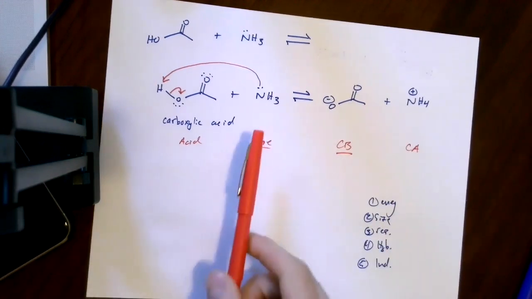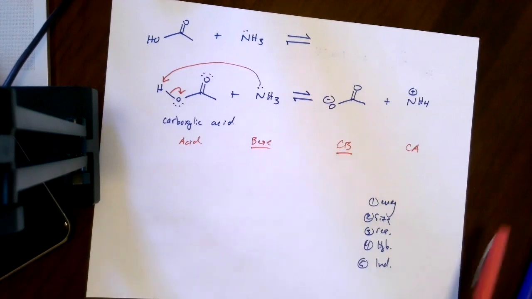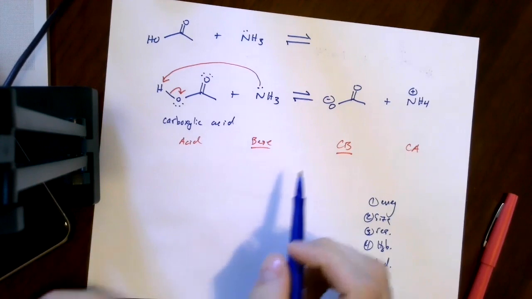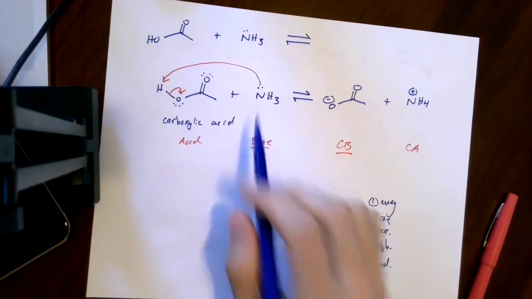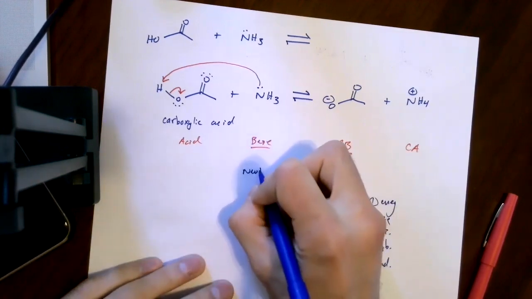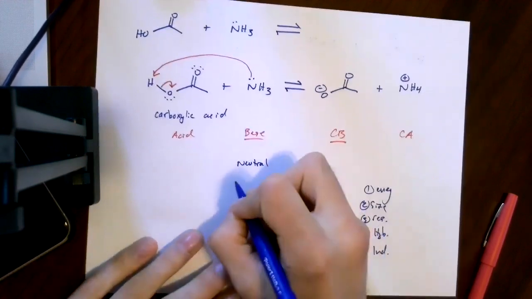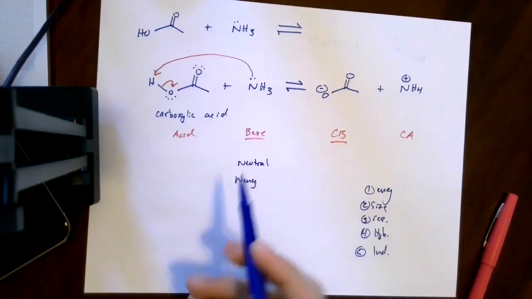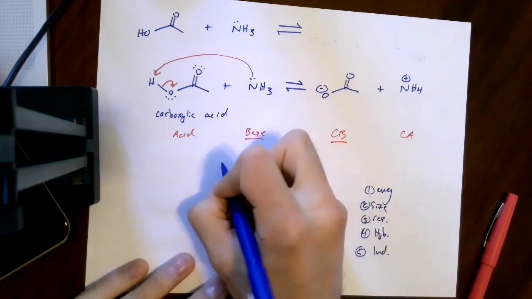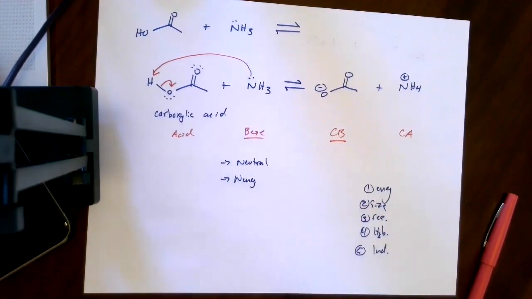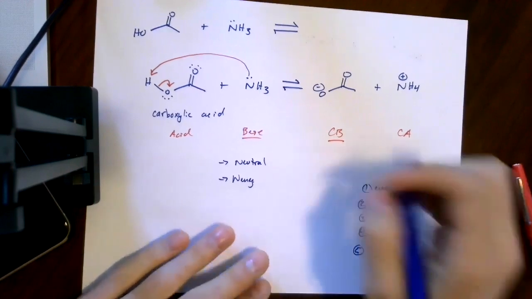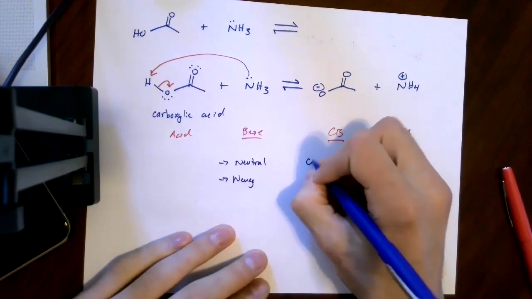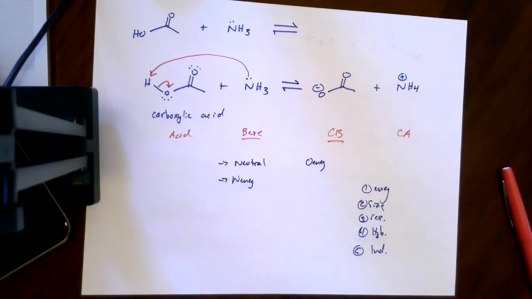Is this amine more stable, or is this carboxylate? And what do we have going for it? Well, we have a nitrogen, which is neutral. So it's neutral, I'll give it that, that's pretty good. Nitrogen's pretty electronegative, it's not incredibly electronegative, but nitrogen's electronegative and it's neutral, which are two factors I think are supporting our left side. But on the right, we have a negative charge on O, which is extremely electronegative.